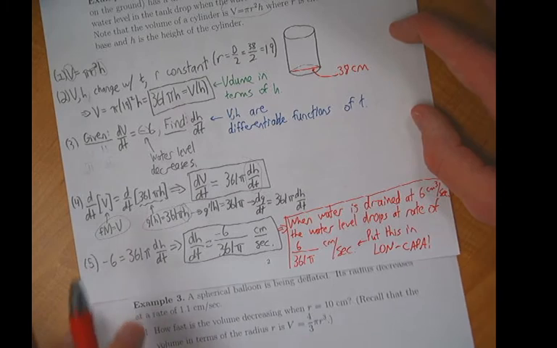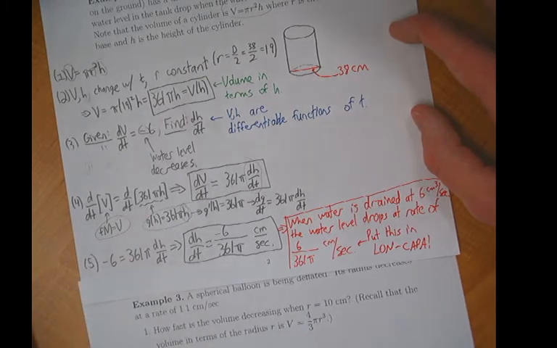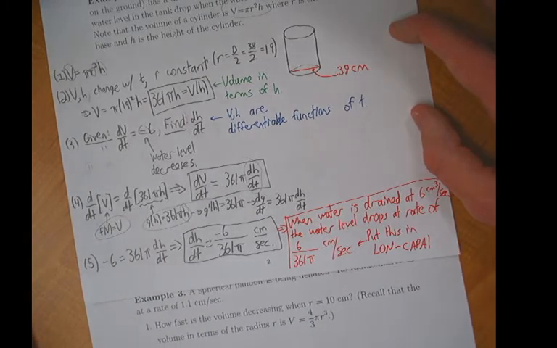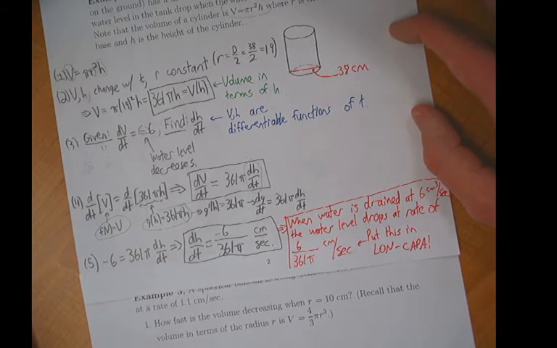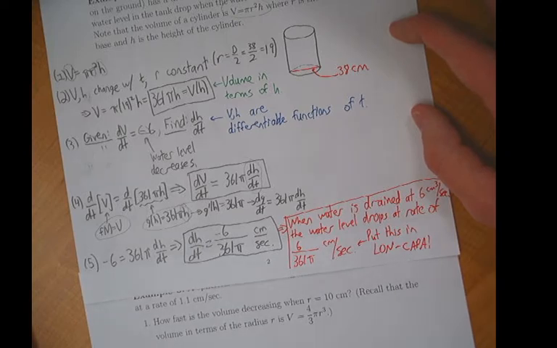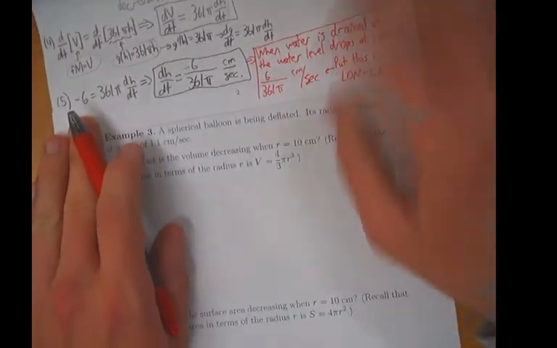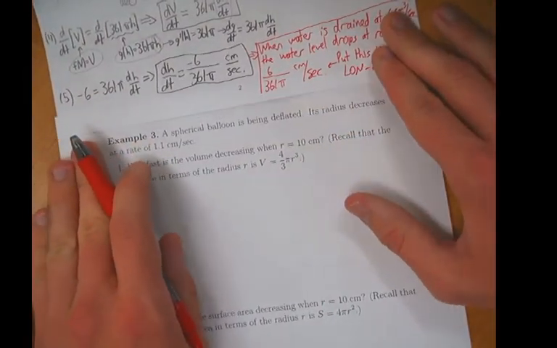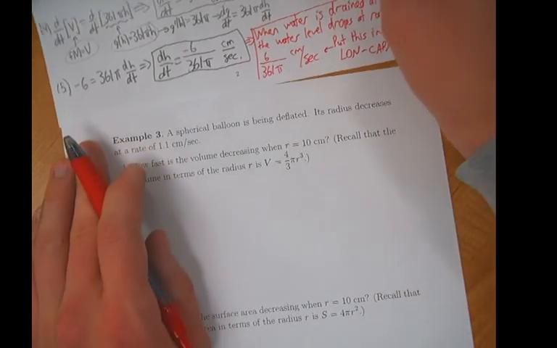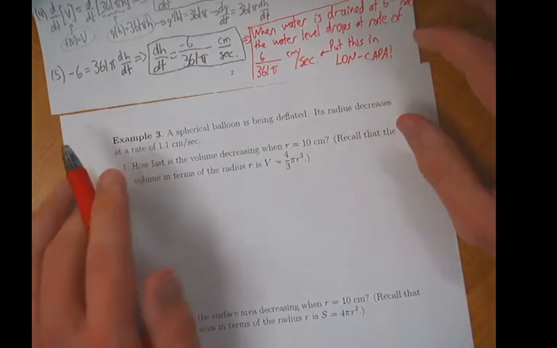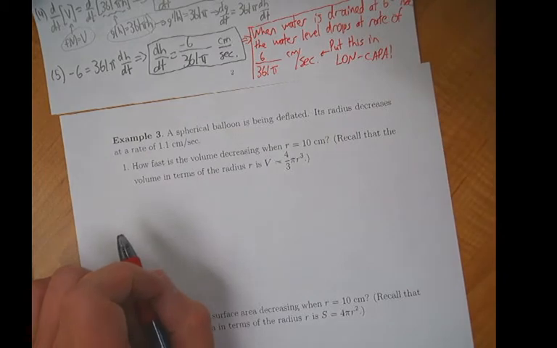So for those that are able to take a look at example 3, what you notice is that there's 2 parts to this. But for now, I'm just going to focus on the first part because the second part is almost identical except for the formula being used. So for example 3, a spherical balloon is being deflated and its radius decreases at a rate of 1.1 meters per second.